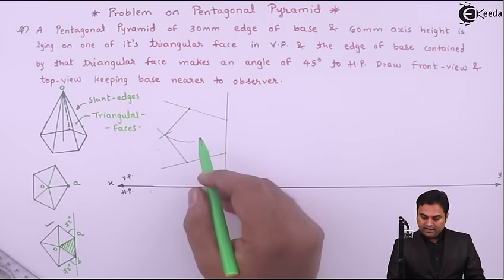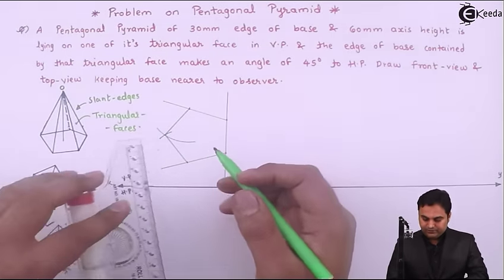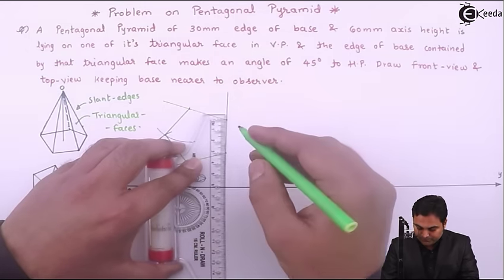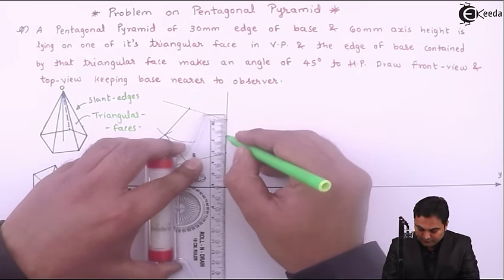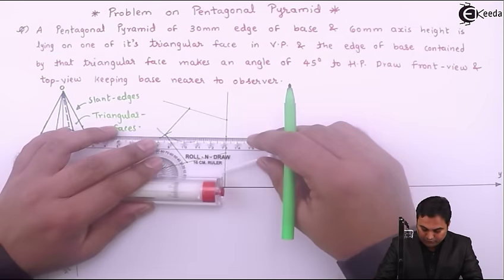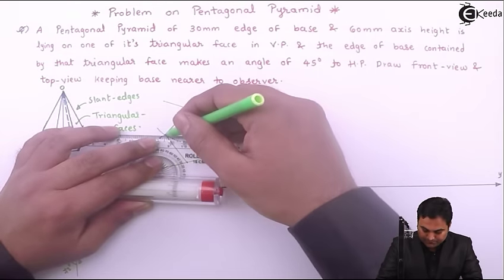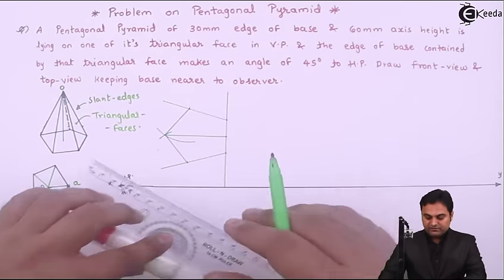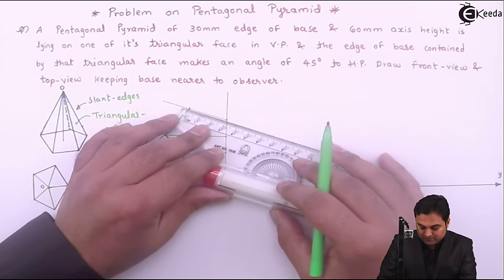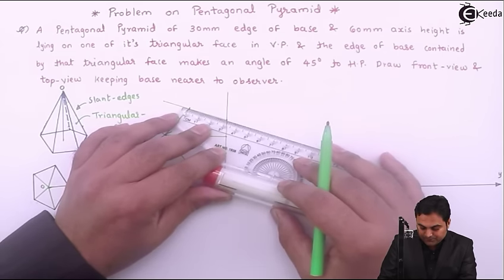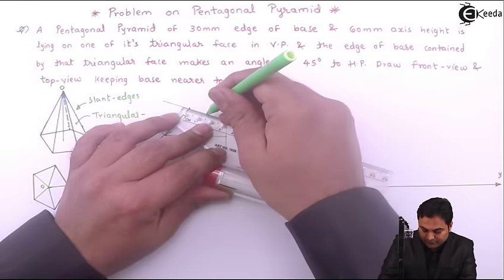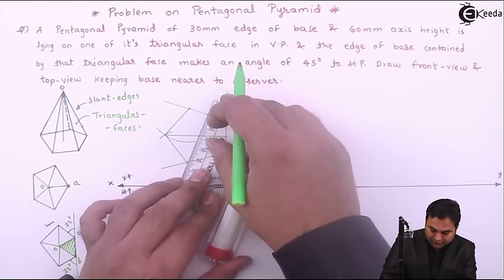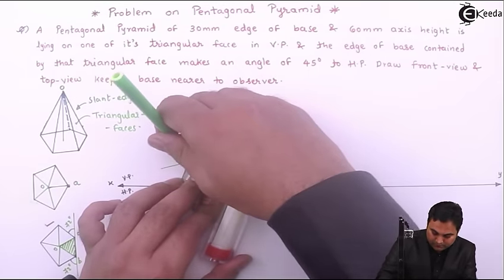Next, I am going to mark the apex, and for that here I will have to take the midpoint of this side, which is 30. So midpoint will be at 15, joining that midpoint to the opposite corner. Then from any one of the sides, like for example this side, again this is 30, so taking 15 mm, that is half of this, taking the center and joining it to the opposite corner, light line.